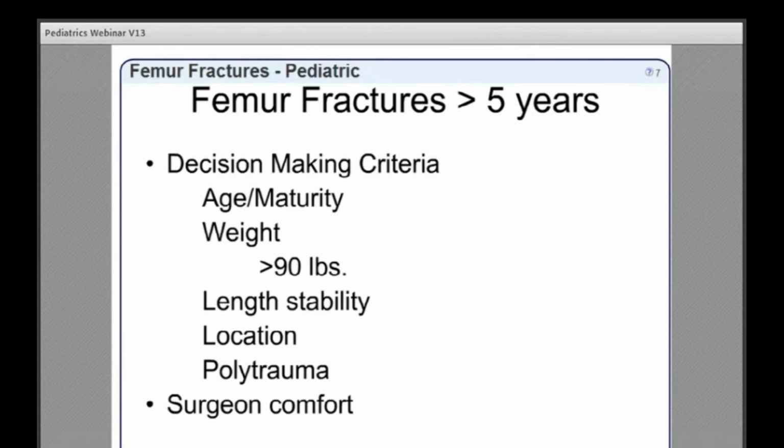Last, surgeon comfort is an important thing to consider as well, because obviously whatever is most facile in your hands and that you can do well is probably the best choice for the patient.